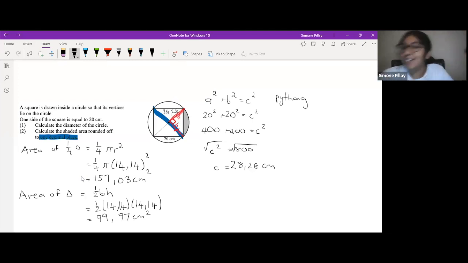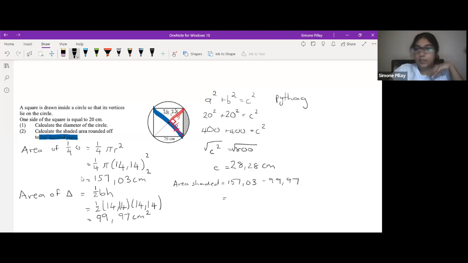So here we can see my game plan coming to life. I calculated the quarter circle. I calculated the triangle. Now what do I do to calculate the area that's shaded? I'm going to go 157,03, I'm going to minus 99,97.